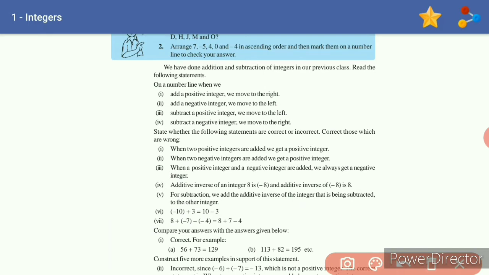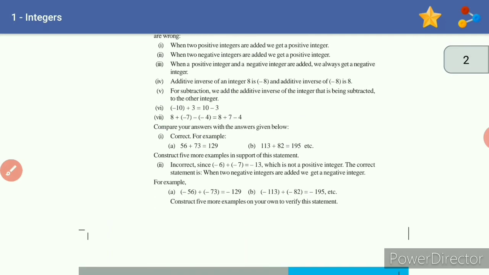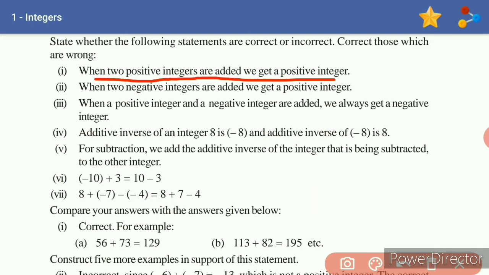Now next, there are some statements which are given to you. Let us see them one by one. The statement: when two positive integers are added, we get a positive integer. Is the statement correct or not? We have to verify. Let us add two positive integers, 3 plus 4.